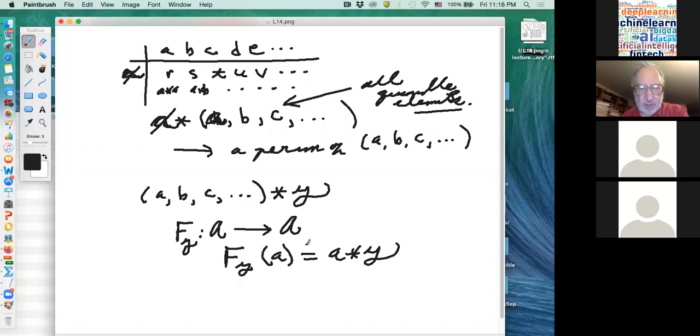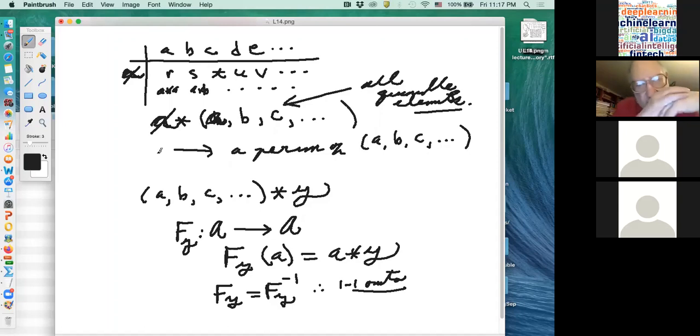So F sub Y is equal to F sub Y inverse, and therefore one-to-one and onto. And that tells me that the columns are being permuted. So every column is a complete permutation.